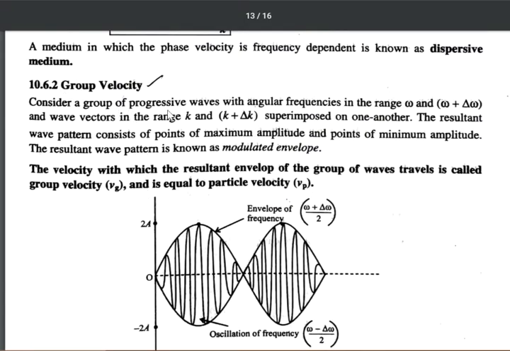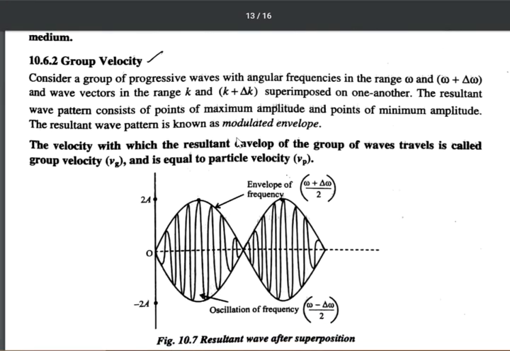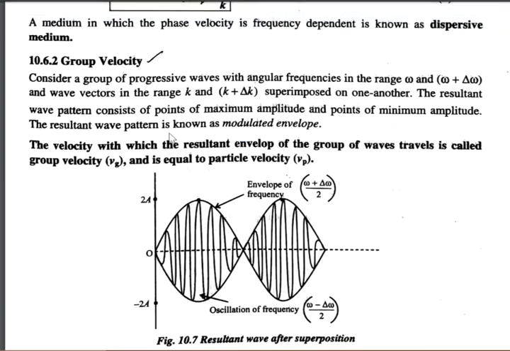Consider a group of progressive waves with angular frequencies in the range omega to omega plus delta omega, and wave vectors in the range k to k plus delta k, superimposed on one another. The resultant wave pattern consists of points of maximum amplitude and points of minimum amplitude. The resultant wave pattern is known as a modulated wave.